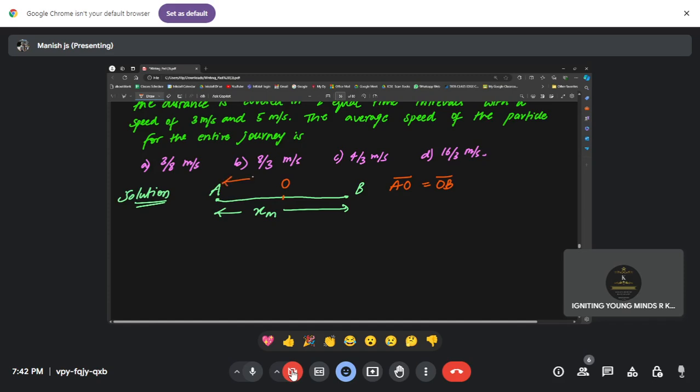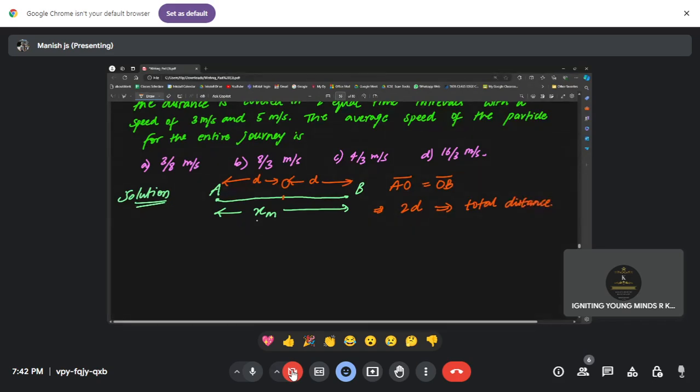So we can take this distance as D, and this distance is also going to be D, such that 2D is the total distance, because both of them are equal.